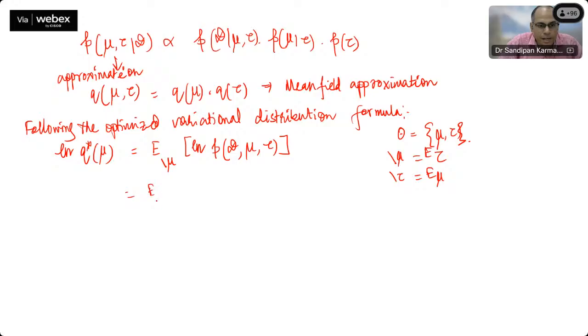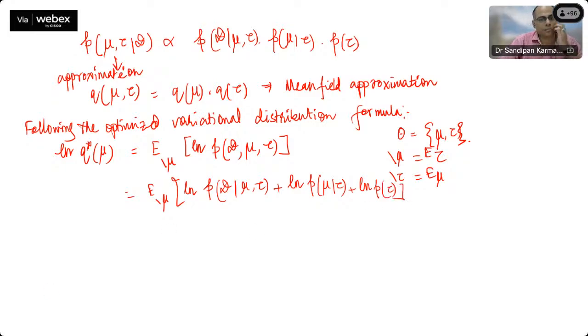Now inside the bracket, how do we expand that? The joint distribution will be expanded like this: log of P of D given mu, tau, plus log of P of mu given tau, plus log of P of tau. Now from these three components, one component will not come. Why?